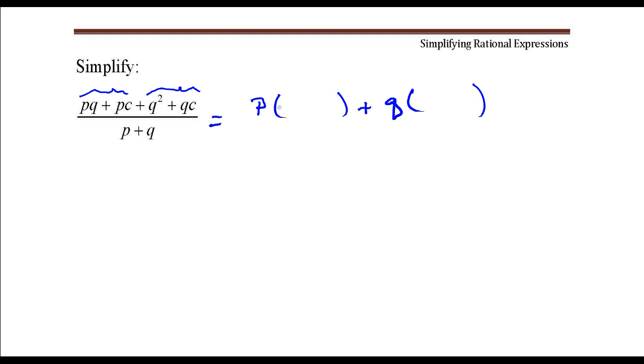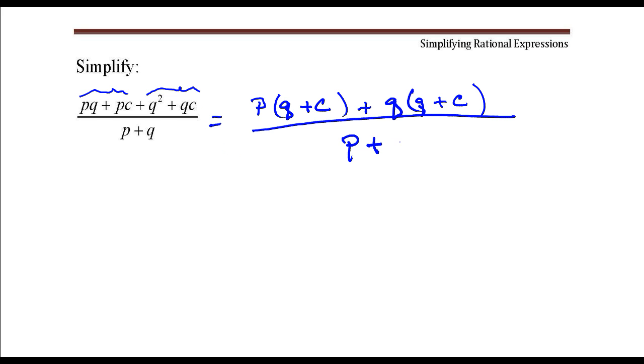I'm left with Q plus C. And out of the last 2 terms, if I factor a Q out, I'm left with Q plus C. Alright, and then I'll just go ahead and rewrite the denominator, which is P plus Q.